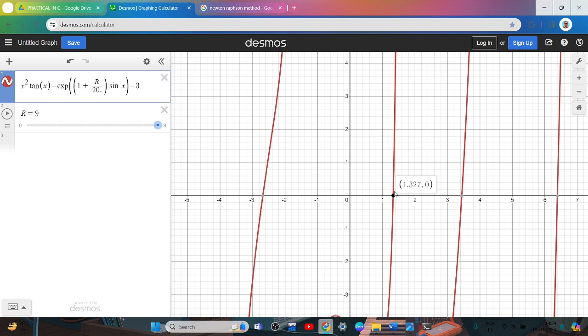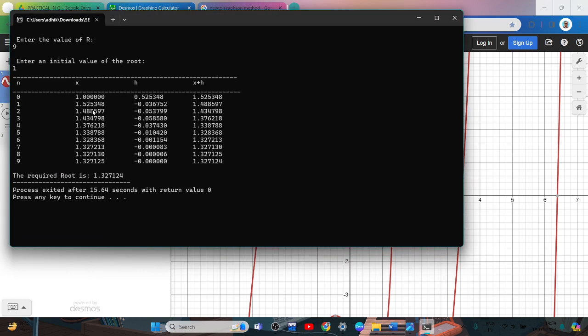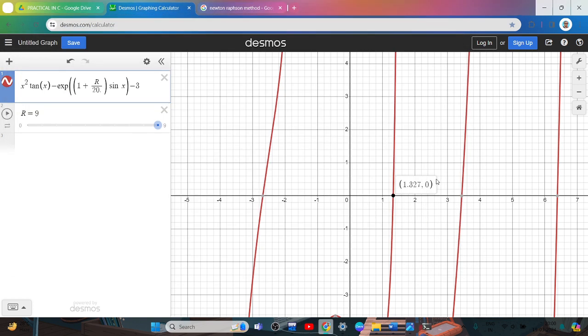There are many other intersections, which are also roots, but the smallest positive root of this function for r equal to 9 is 1.327. From the C programming, and from the Desmos app, we also get the smallest positive root as 1.327.